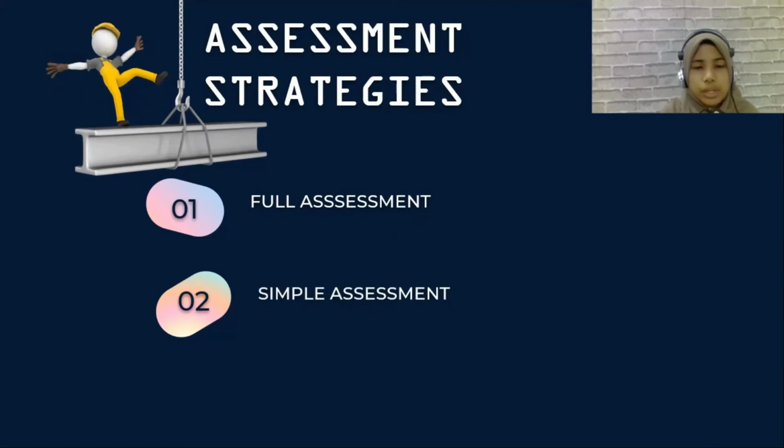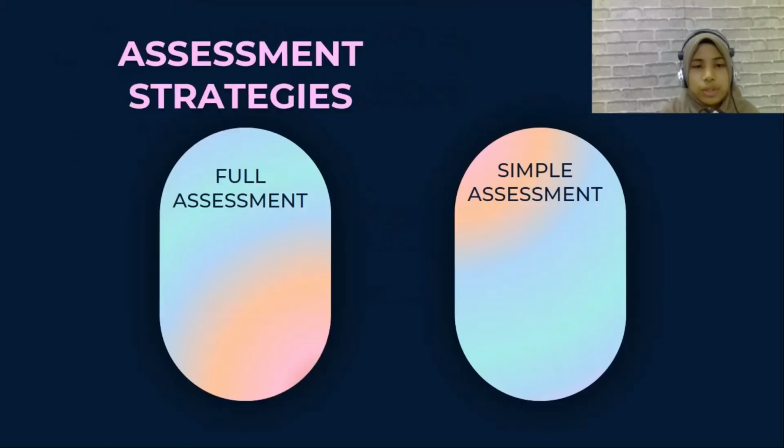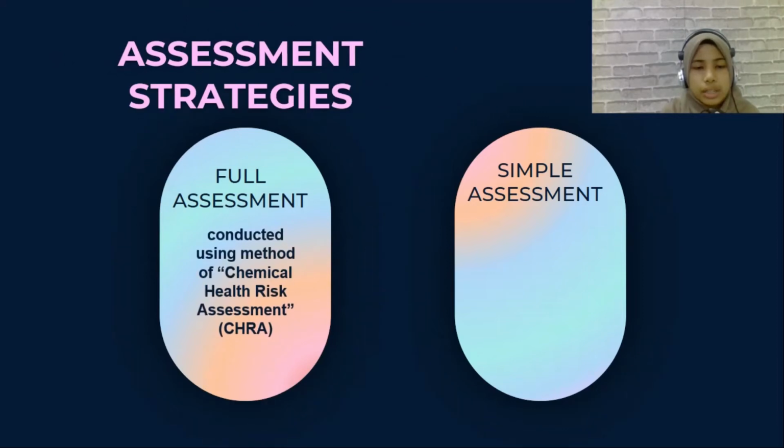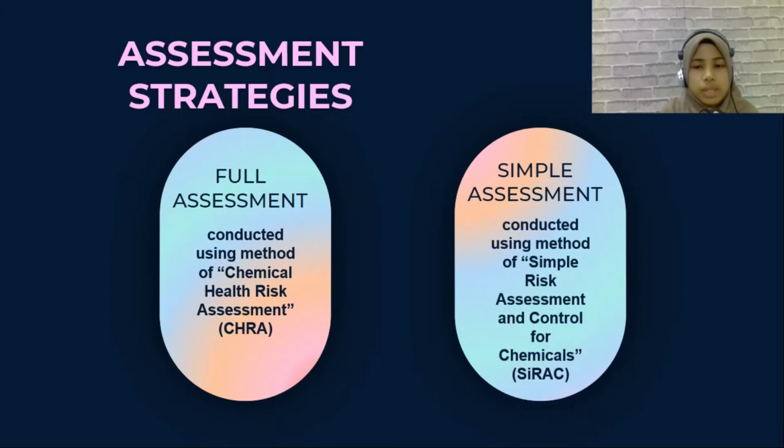For full assessment, you have two approaches, which are site-specific CHRA and generic CHRA. The full assessment is conducted using the CHRA method, while simple assessment is conducted using the method of Simple Risk Assessment and Control for Chemicals, SCU1402.